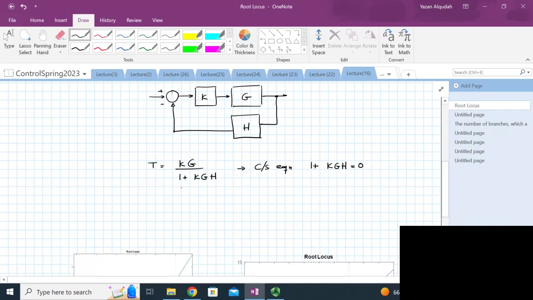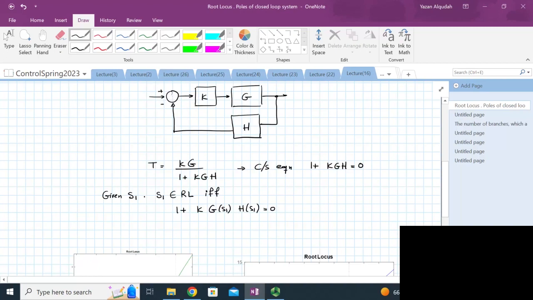So therefore, if I take any point S1 in the S-plane, S1 is going to belong to the root locus if and only if 1 plus k multiplied by g of S1 multiplied by h of S1 is equal to 0.